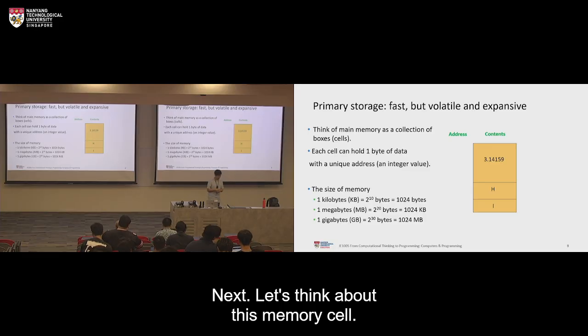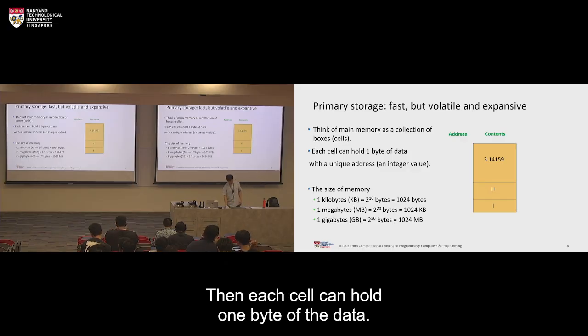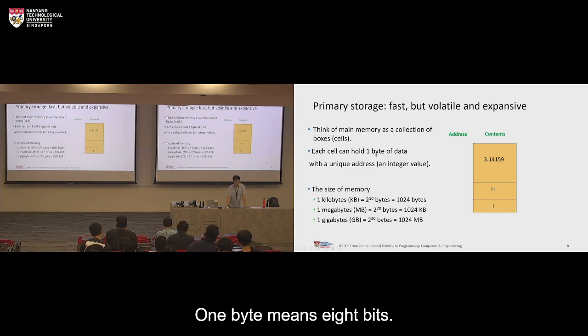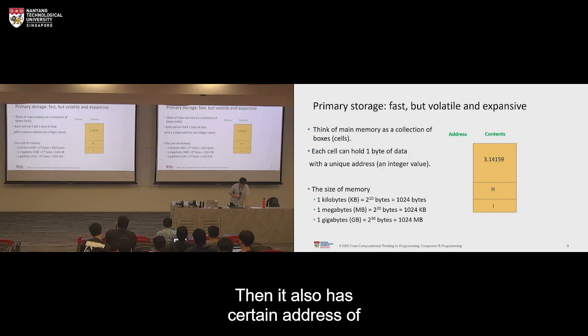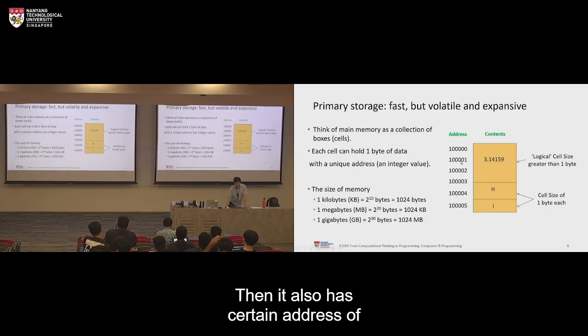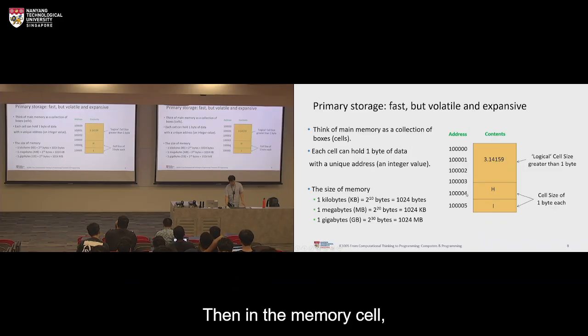Okay, next. Let's think about this memory cell. Each cell can hold 1 byte of data. 1 byte means 8 bits, from 0 to 255. The total number is 256, right? And it also has a certain address for the memory cell so that you can easily access each memory cell.